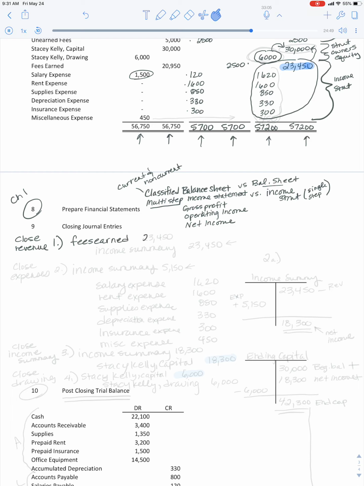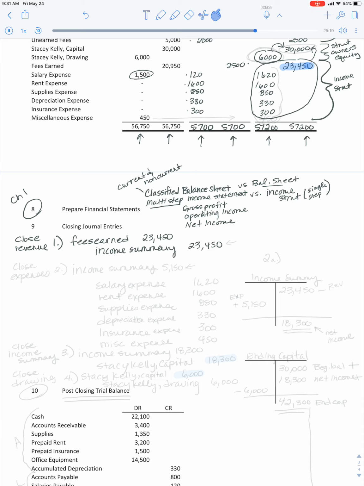Now fees earned is 0 because we have debited it and it was a credit. We're going to put it into a temporary account called income summary. Income summary does not show up anywhere on a financial statement. We only use it for closing entries, and then we make it 0 too.